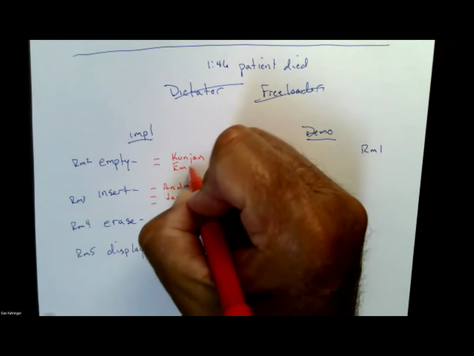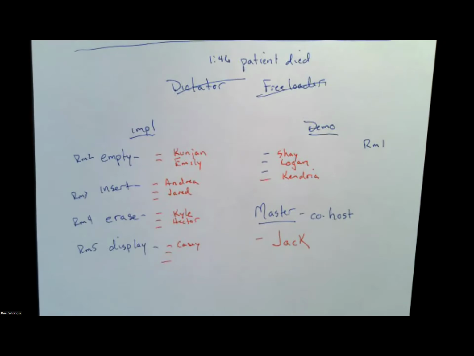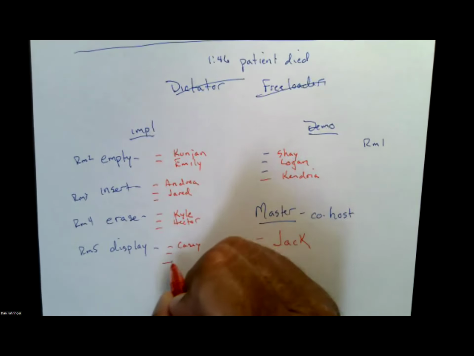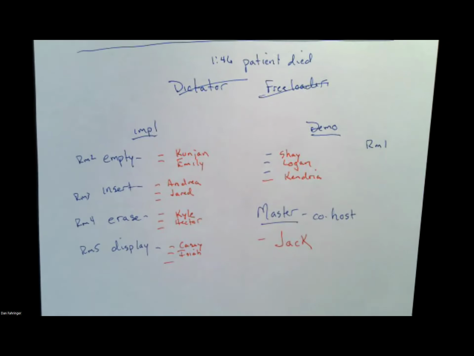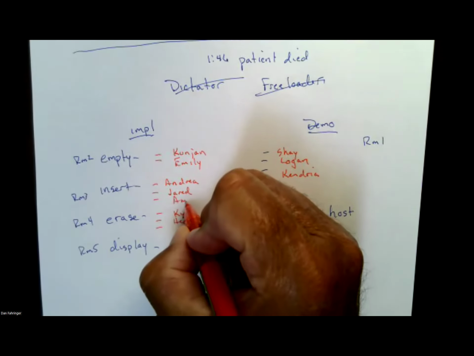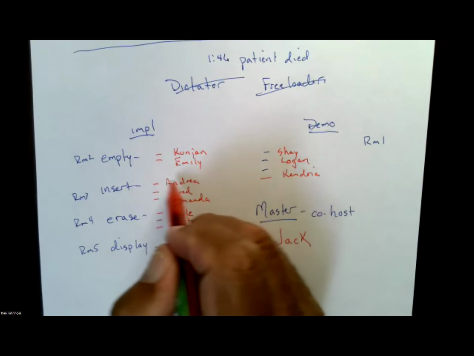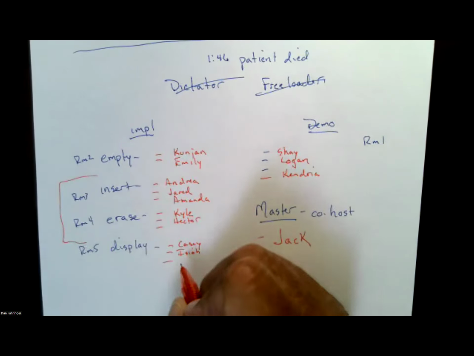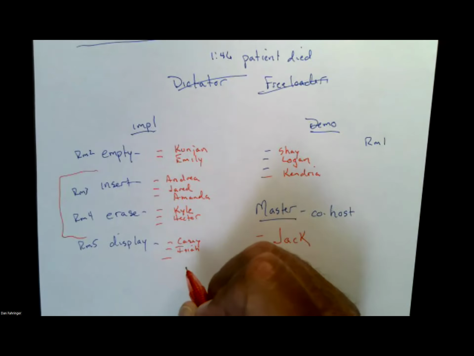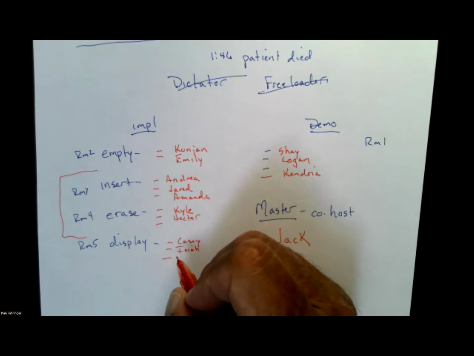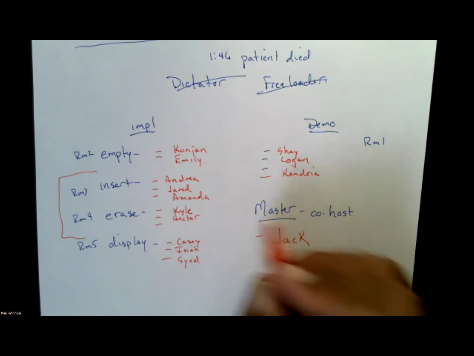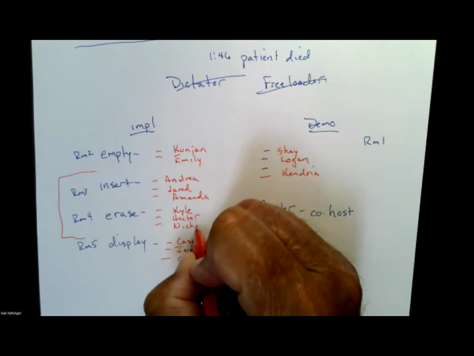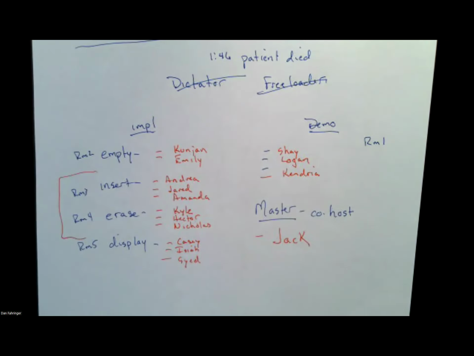I'll go in display. Name? Isaiah. I have 3 spots left. I'll do insert. Amanda is on insert. I'll do display. These are going to be the hardest too. Name? Syed. I'll go erase. Nicholas. That's good because that's all that's left. Yes, I'll be demo.